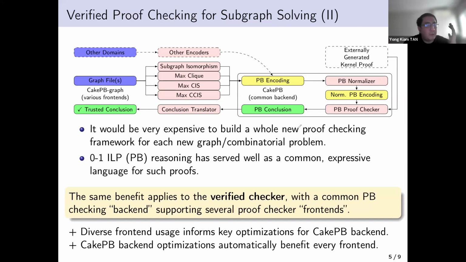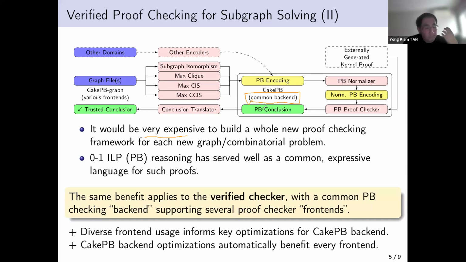One thing is that verification of a proof checker is not that cheap. It's a pretty expensive task, right? But because so many things depend only on VeryPB, emitting pseudo-Boolean proofs, we were able to build this common verified backend, which we called CakePB, which supports pseudo-Boolean proofs.